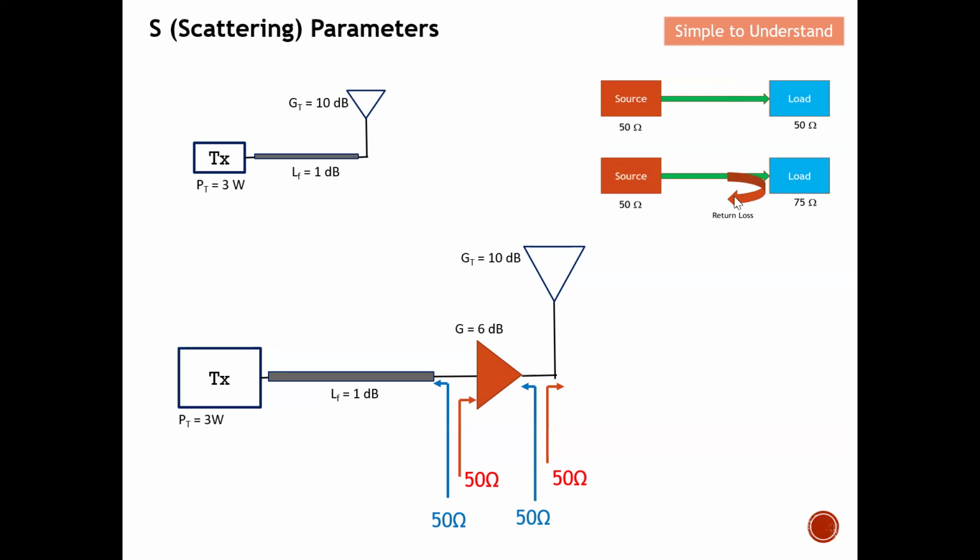So in order to ensure maximum power transfer, different manufacturers, for different components or devices, always ensure that when you look at both the input and output, they are all 50 ohm. For example, in my filter design, before you can do a filter design, you have an input and output matching circuit so as to ensure that when you look into the filter, they are all 50 ohm.